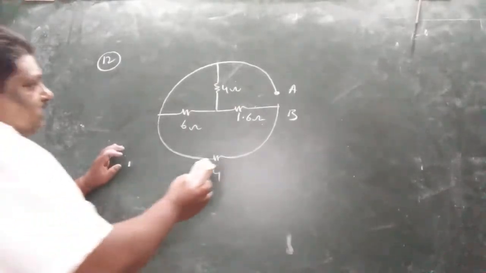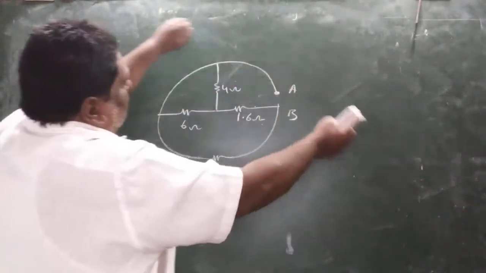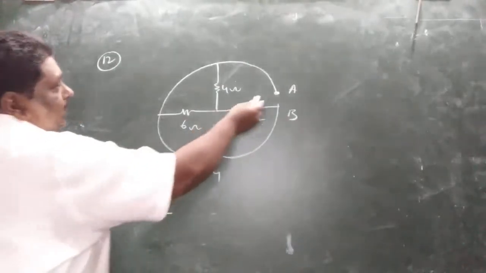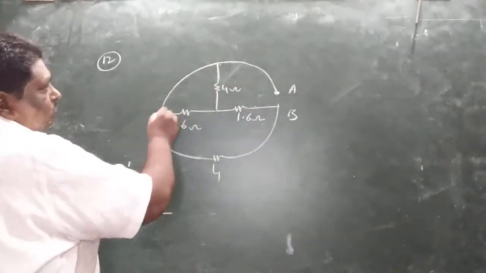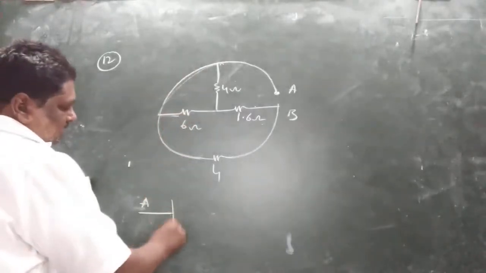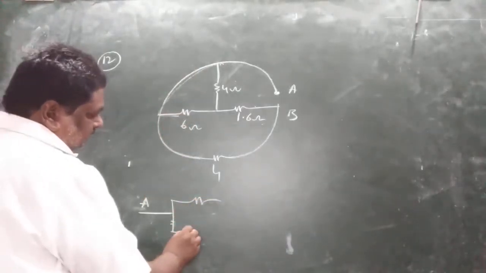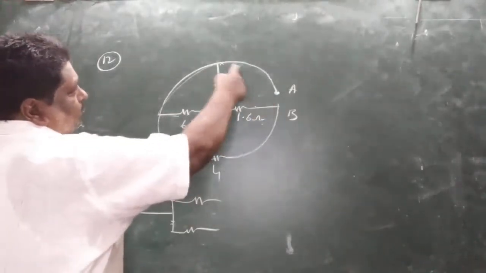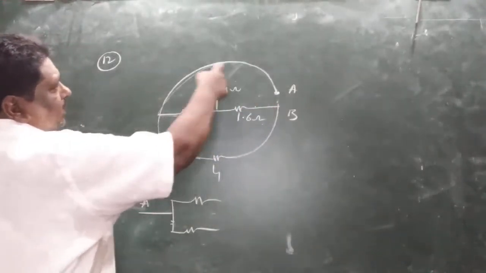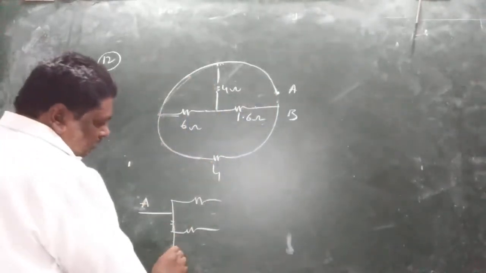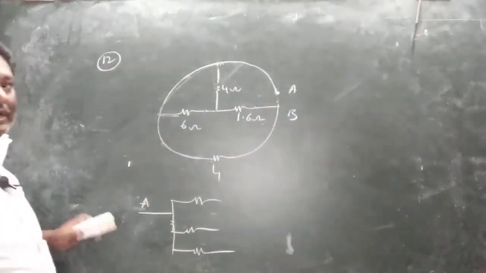Take this wire and open it like this. From A onwards it is divided into two branches. Current comes to this branch, this branch, and this branch. So you have to take three parallel circuits.